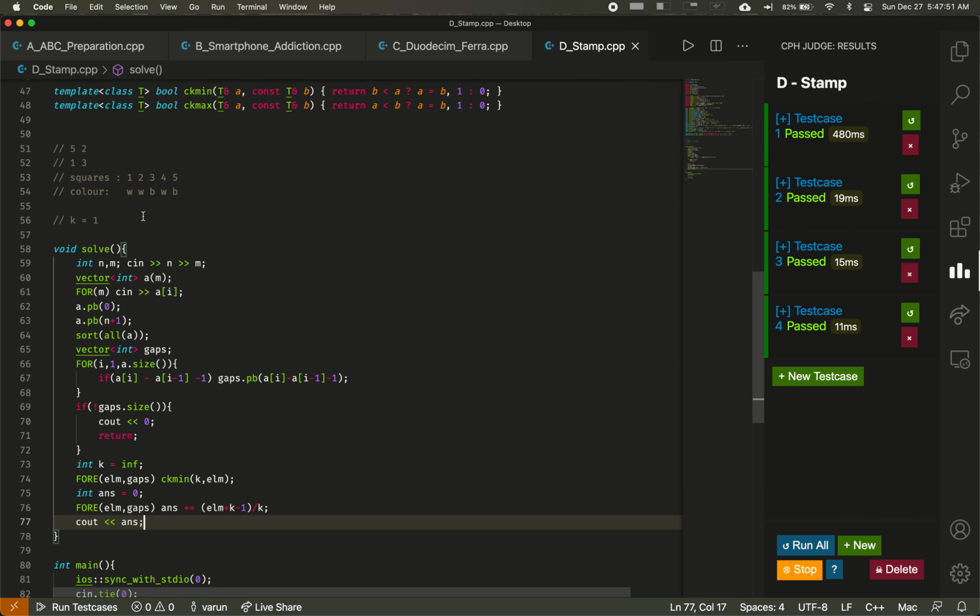So in this case, let's say k equals 2 and we're given this kind of sequence, right? So we can do this in one move, so that's the size of the gap over k. But here we have 3, and 3 will take 2 moves. We can color these two first, so we can make this red, red, and then for this one we can repaint over a red square, so we can make this red, red.